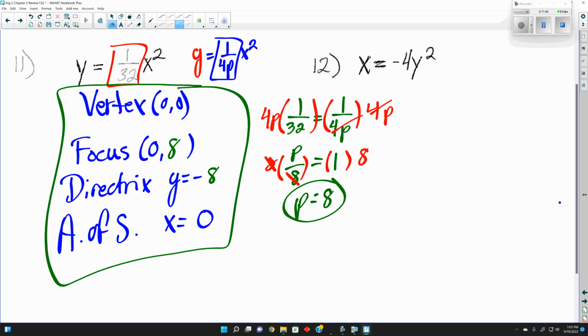All of them are 0, 0, because we're not moving it away from the vertex. For any of these here, the vertex is understood to be 0, 0. That's from the form.